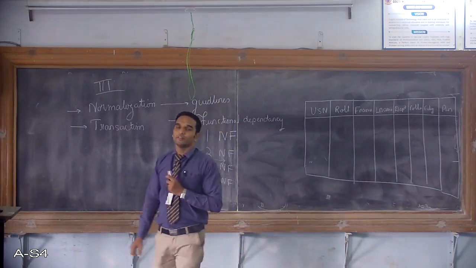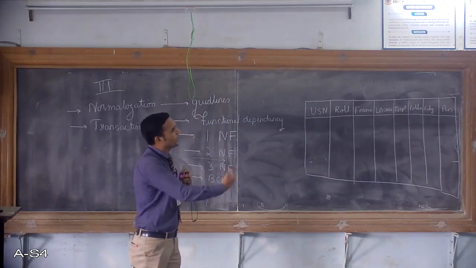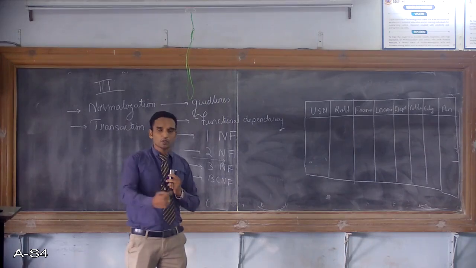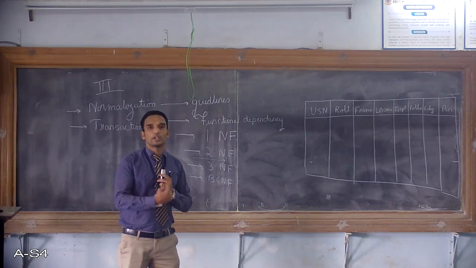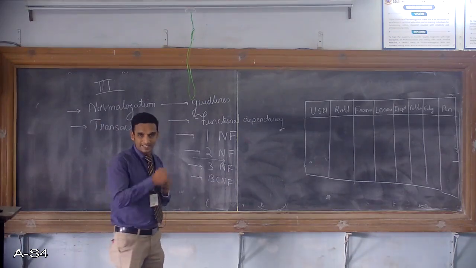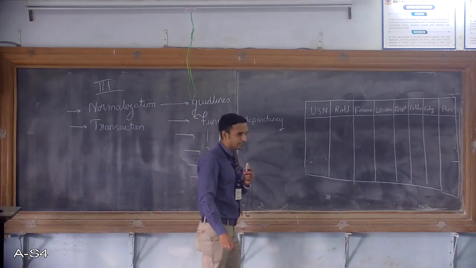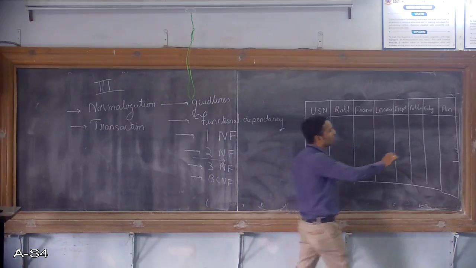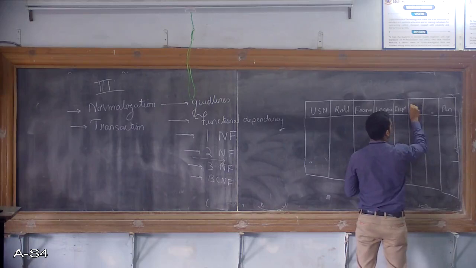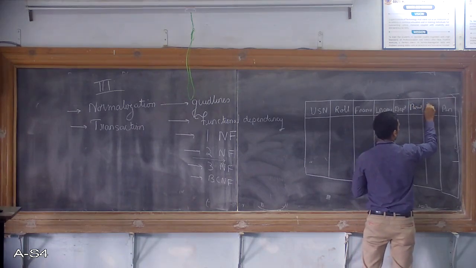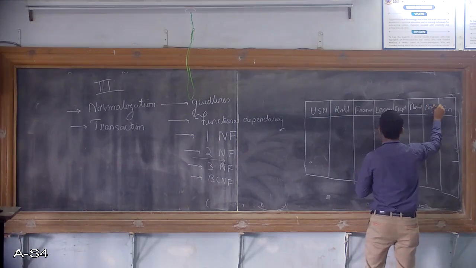So for example, when we consider a single table with so many attributes, the first question we should ask ourselves is, is this a table of good relation or a good table? Now what happens here is, I'll say it as parents' mobile number, I'll say it as brother's mobile number, and so on.